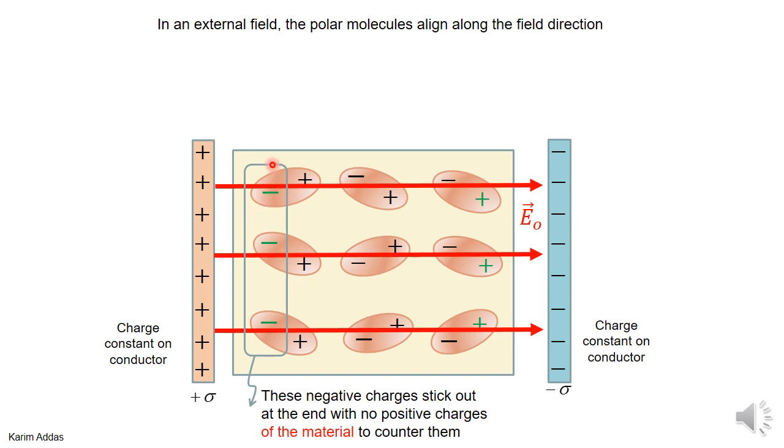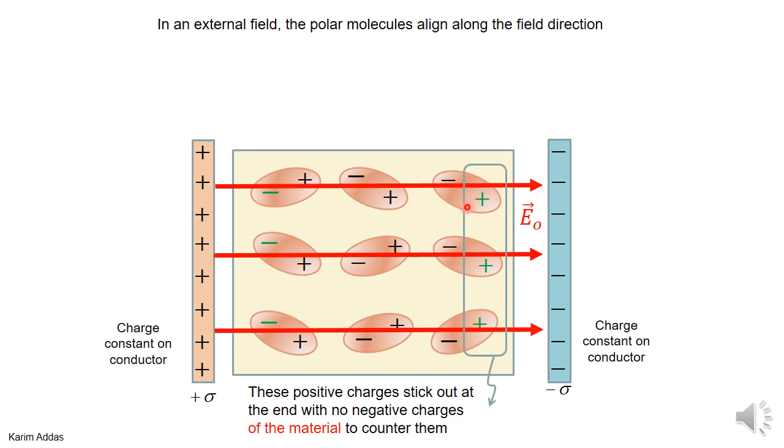But if you look at the charge that's on the edge of the material, imagine this charge is located right on the edge, well, these negative charges don't have any other positive charges of the material to cancel them out. So you get some negative charge sticking out of the material on the left side. And on the right side, you have some positive charges sticking out also.